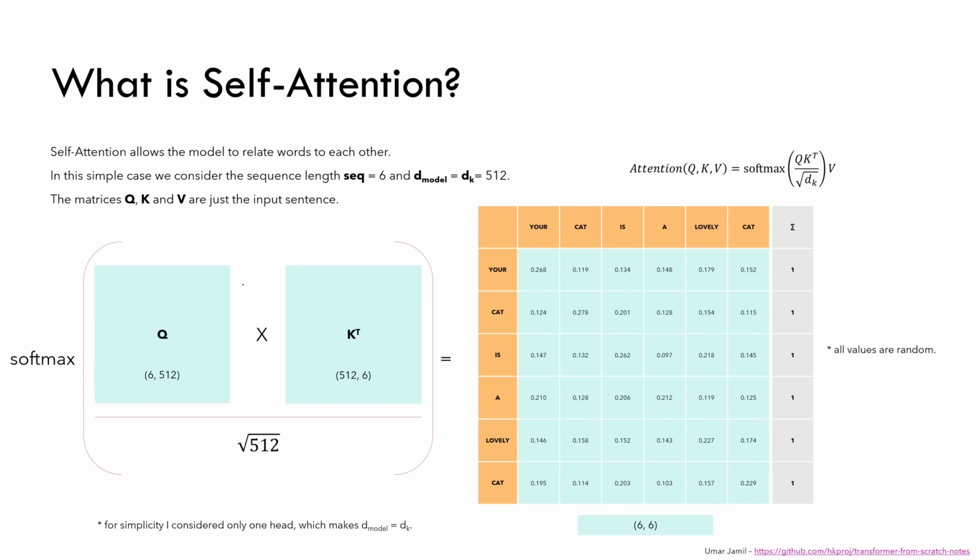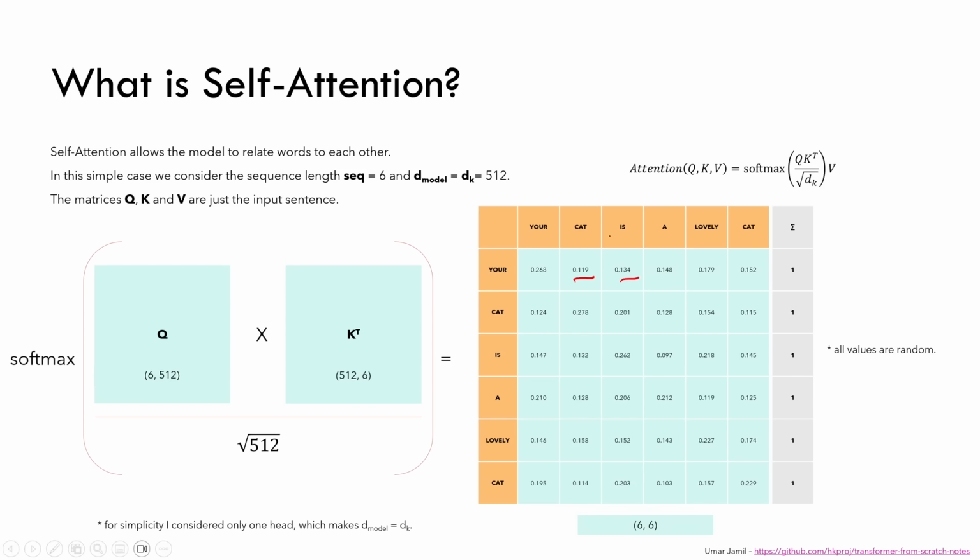This value we see here is the dot product of the first word with the embedding of the word itself. This value here is the dot product of the embedding of the word your with the embedding of the word cat. And this value here is the dot product of the embedding of the word your with the embedding of the word is.